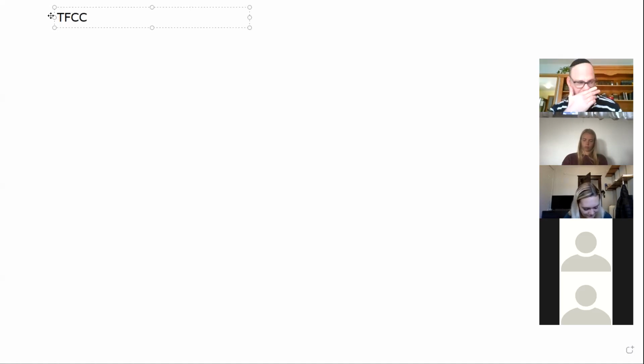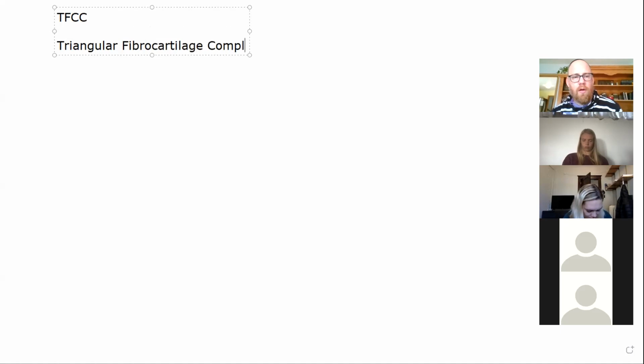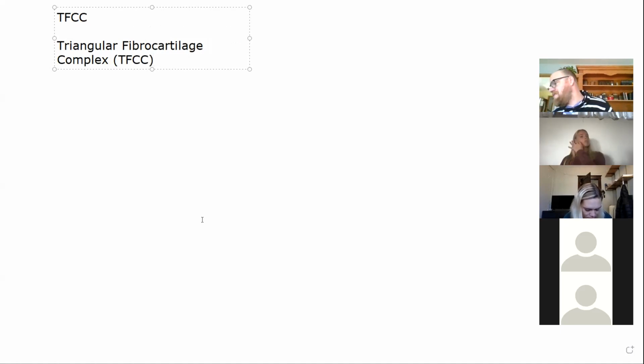That stands for triangular fibrocartilage complex. You don't have to put a dash there, but ultimately you can see, TFCC. So what makes up the TFCC?